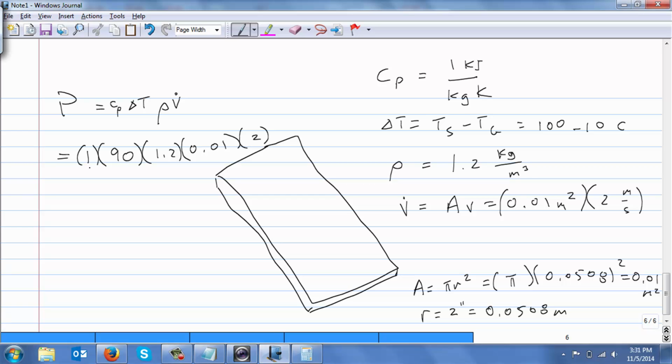Double check. Heat capacity is 1 kilojoule per kilogram per Kelvin. 90 delta C or delta K, same thing. 1.2, that's in kilograms per cubic meter. Everything's SI. 0.01, that's in square meters. And 2, that's in meters per second.